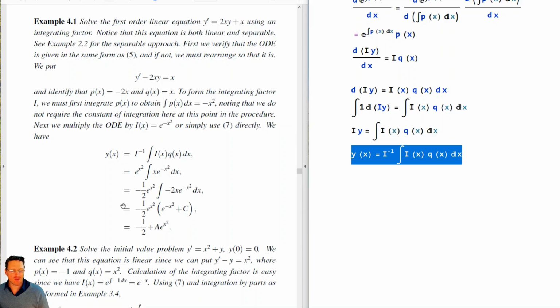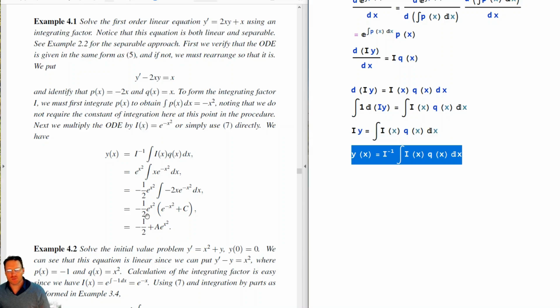Okay, so we get now that y of x is minus 1/2 e to the x squared times e to the minus x squared plus our constant of integration. So our last step here is to expand, if you want to. So what happens when you expand this? You get minus 1/2 e to the x squared minus x squared in the exponent of e. And so that gives us an exponent of 0. So we have e to the 0 there. And so we just have minus 1/2, right?